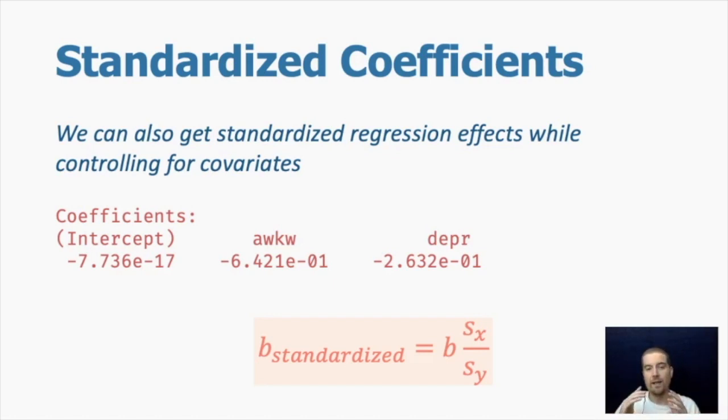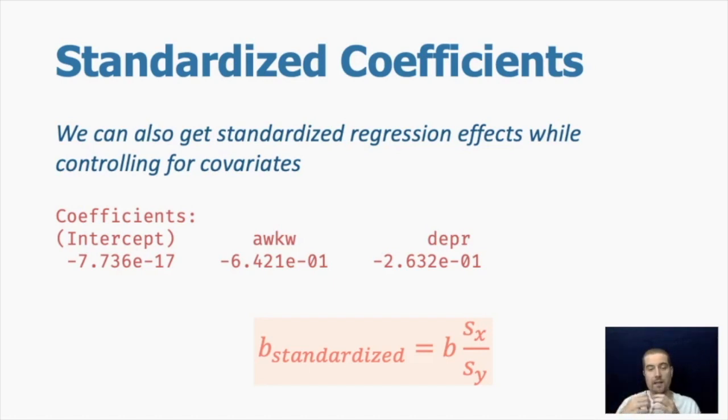So this may not be an ideal place for a standardized regression estimate, but in a lot of cases in our fields, we have units like depression that we don't really intuitively understand what those units actually mean. In those cases, standardizing can be really useful. And what it tells you is, for a 1 standard deviation unit increase in awkwardness, how much in standard deviation units does the outcome change?